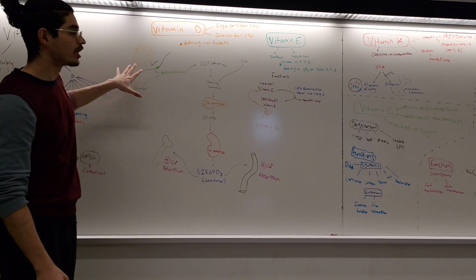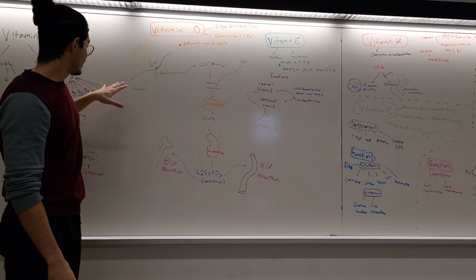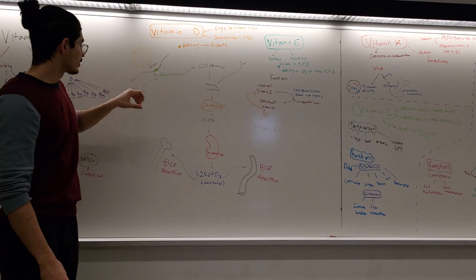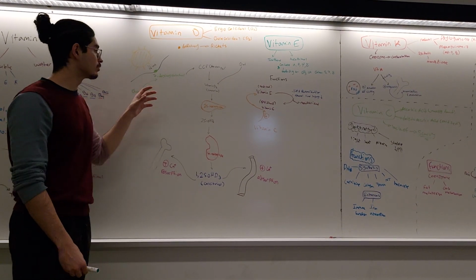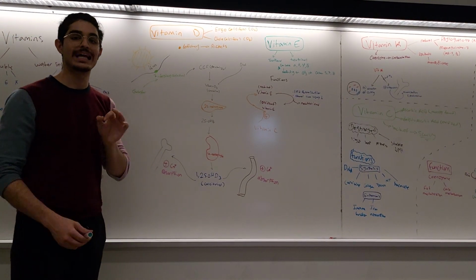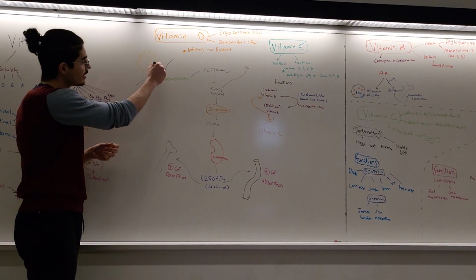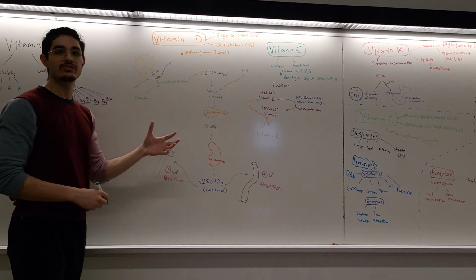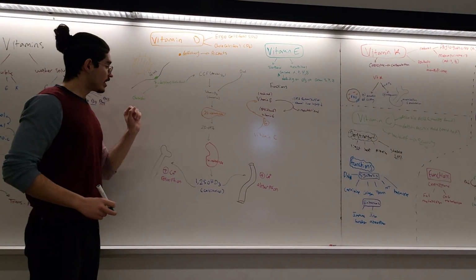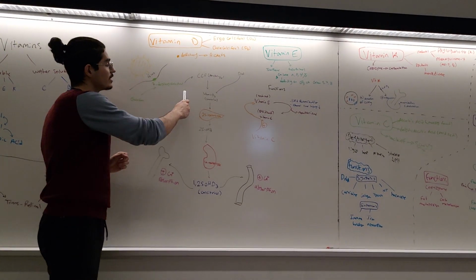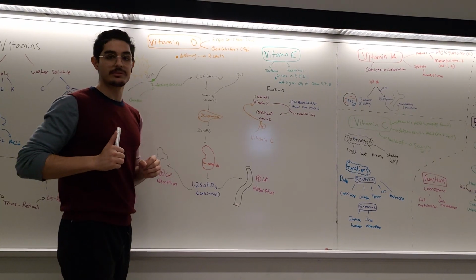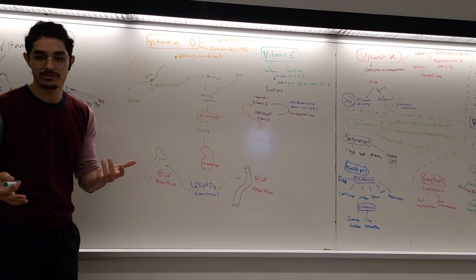So here's your sun. Okay, and inside of our skin, we have a molecule called 7-dehydrocholesterol, right? And after the sun hits, specifically ultraviolet B light, 7-dehydrocholesterol gets turned into pre-vitamin D3 or cholecalciferol.